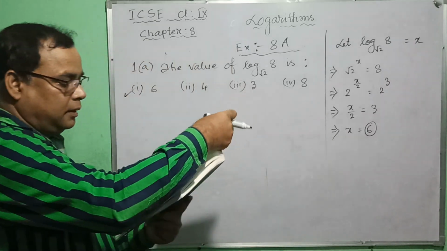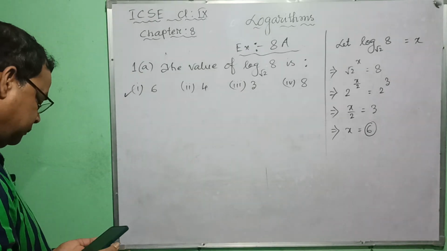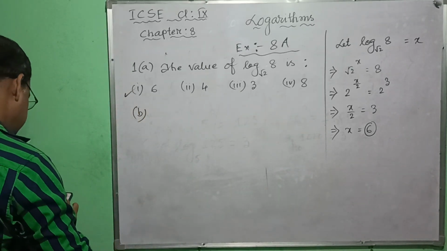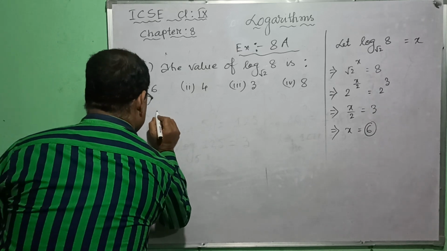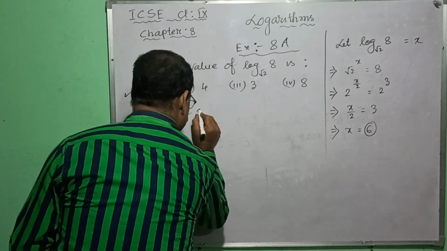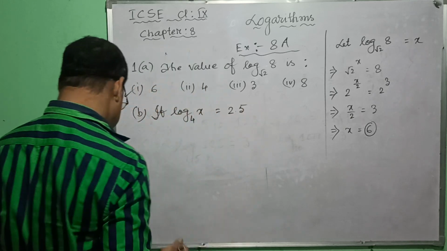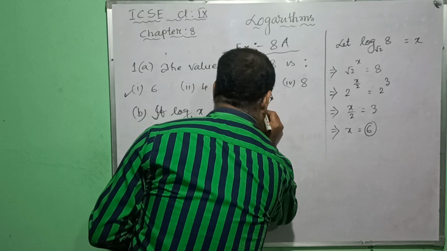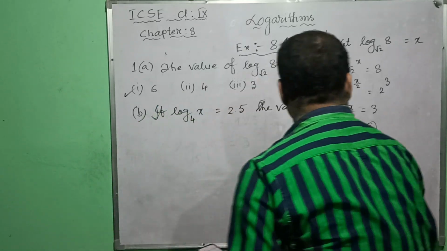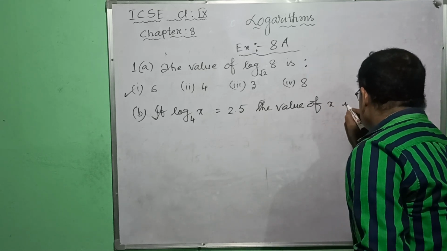Now in B it is given, if log x at base 4 equal 2.5, the value of x is.